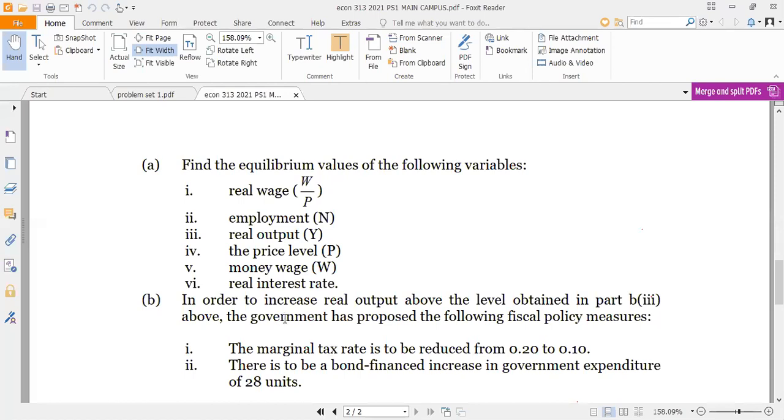A reduction in the marginal tax rate was able to raise the real output, but the change in government spending, which was financed through the bonds market, wasn't able to achieve this goal. As a result, we say that the first policy was relatively effective.